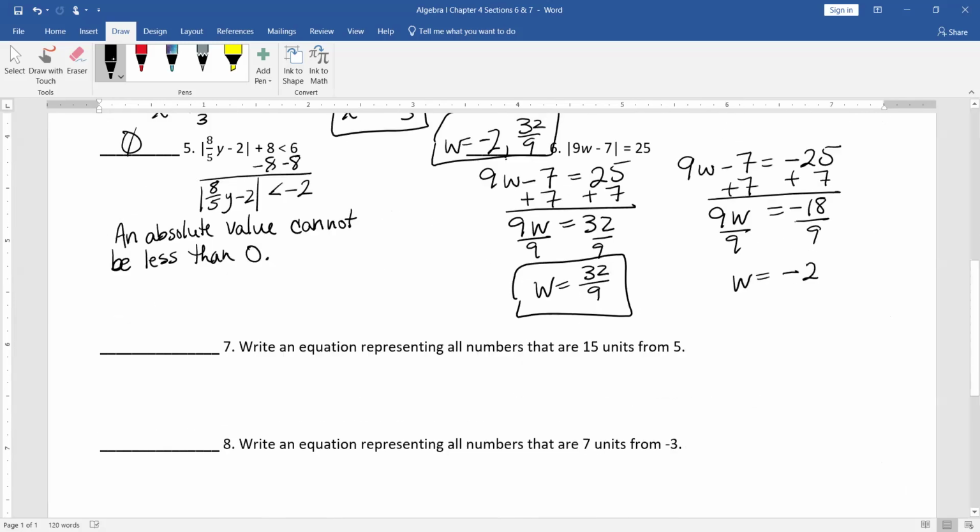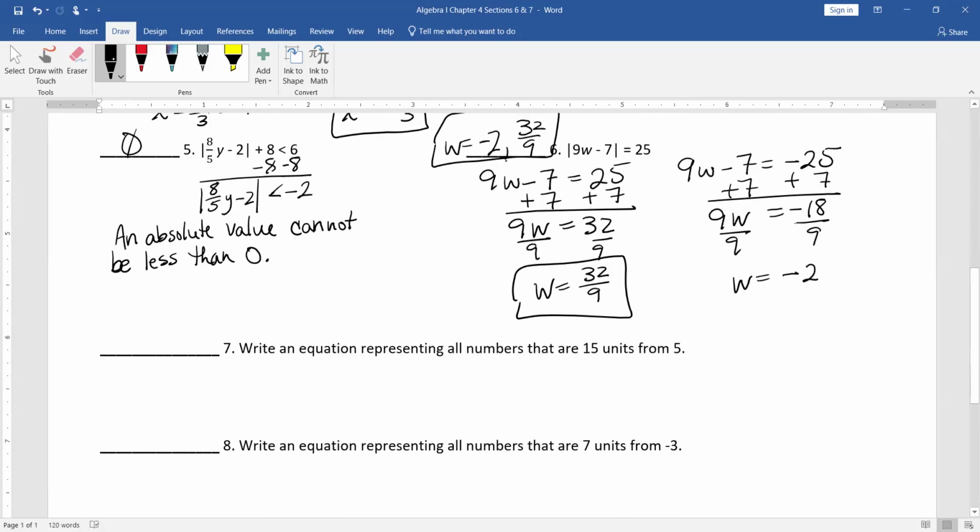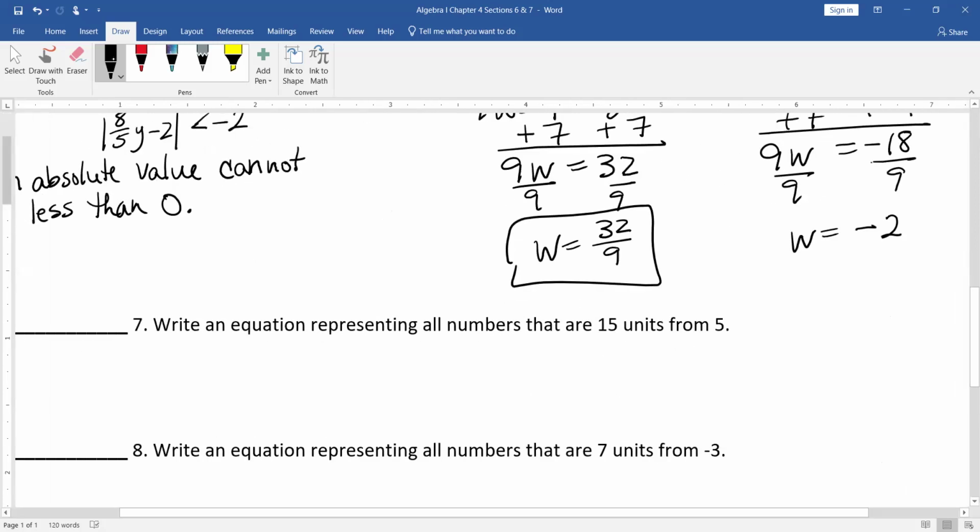Okay, so now let's look at this last part here. Write an equation representing all numbers that are 15 units from 5.